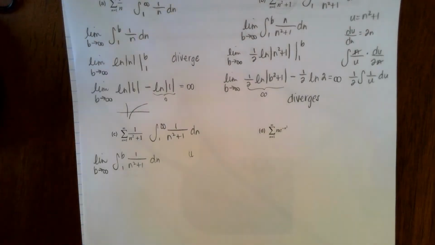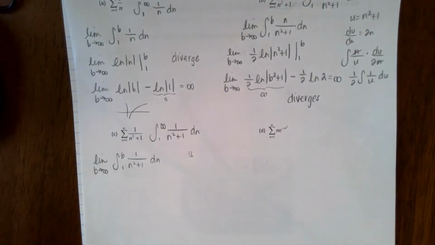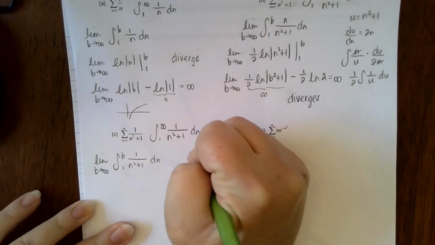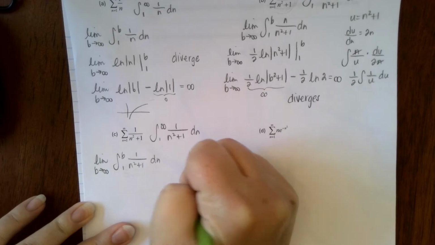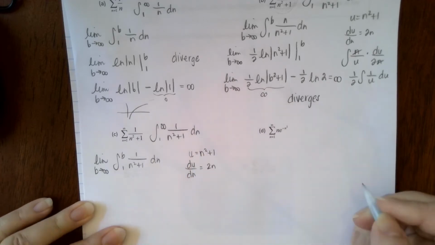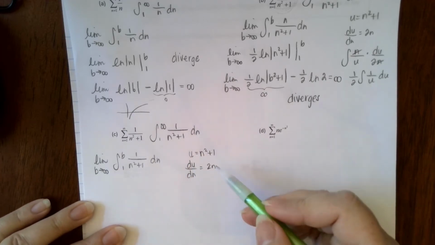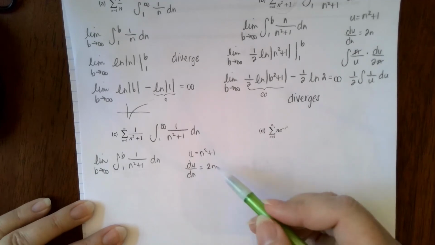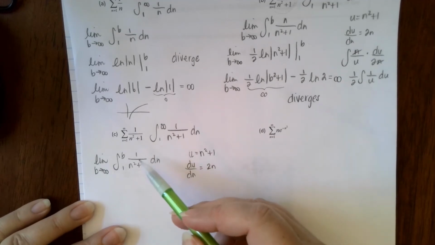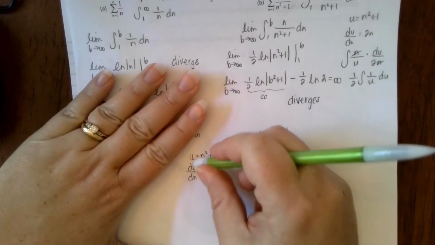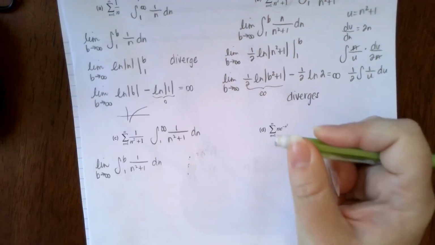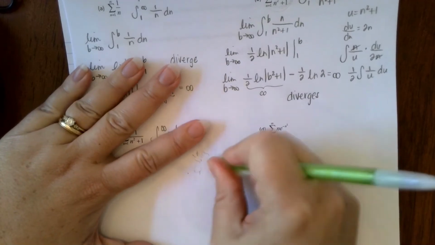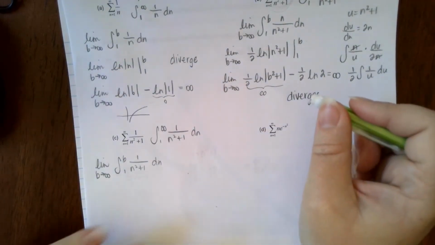Okay, my point was not to write this down because it's not going to work. All right, so if I have u is equal to n squared plus 1, I've got du dn equals 2n. Well, look, I don't have an n to actually cancel. So this isn't going to work. So this isn't U-substitution.